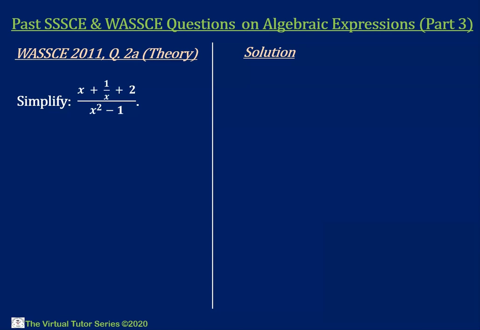We are to simplify the expression x plus 1 over x plus 2 all over x squared minus 1. First of all, let's convert the division sign into multiplication by multiplying by the inverse or reciprocal of the denominator.